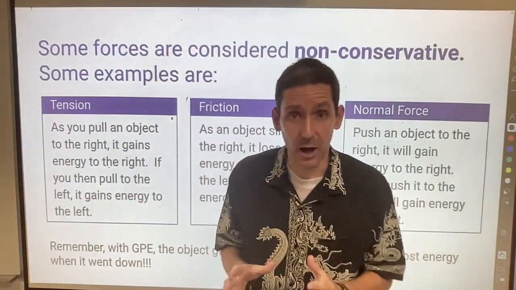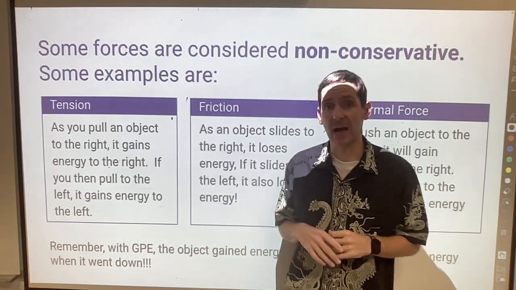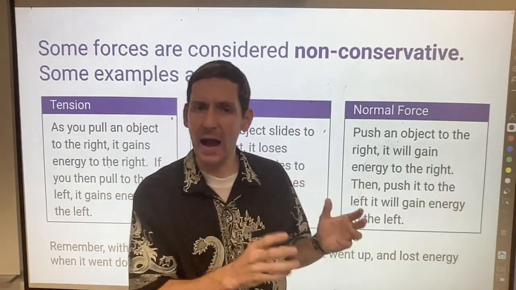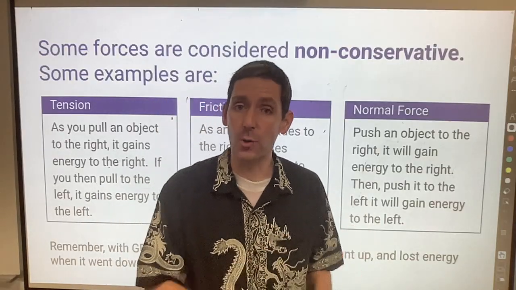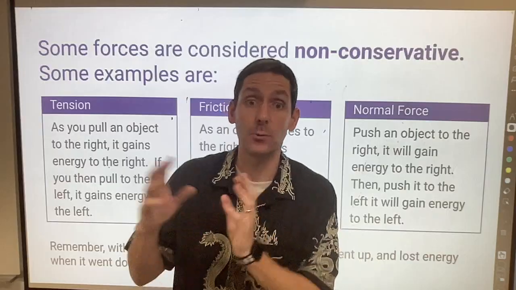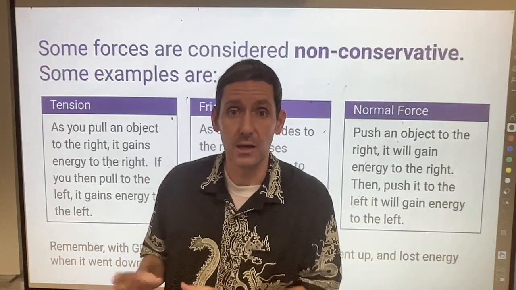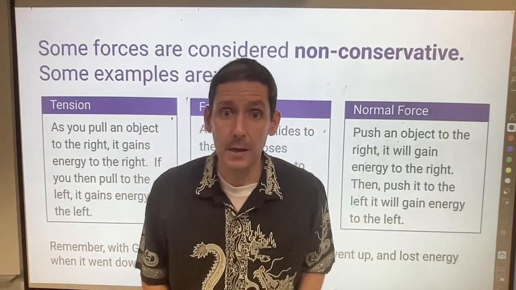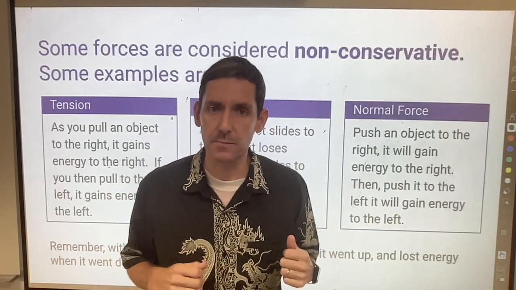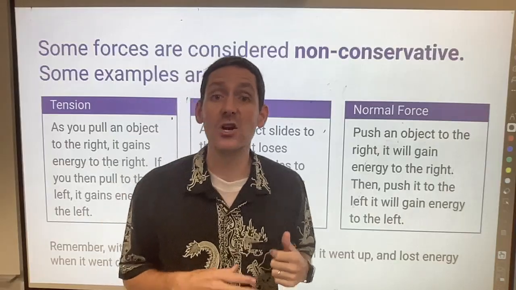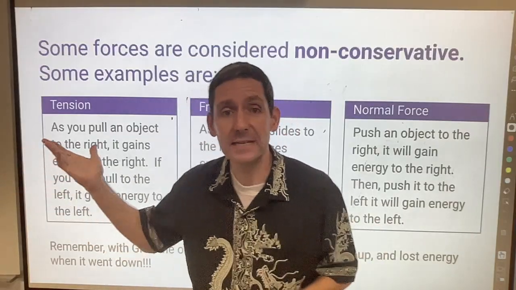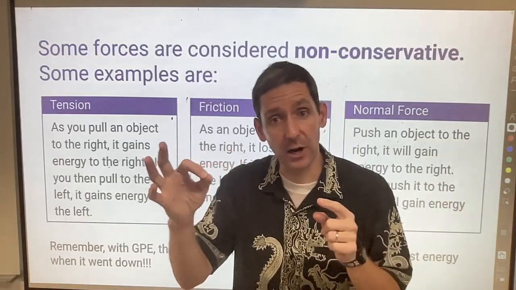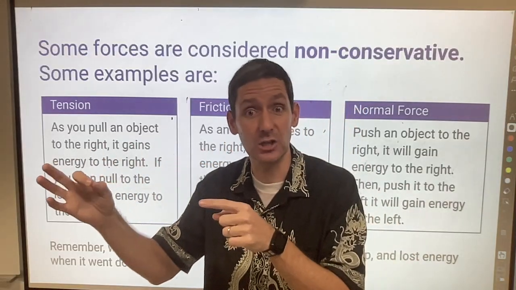Now, talking about friction, this brings us into the idea of non-conservative forces, right? I talked about gravity as being conservative because no matter what, if I end in the same place, I end with the same gravitational potential energy. If I go up and go down, I gain energy one way and lose energy the other. Let's talk about some of these other forces, right? A good example of a non-conservative force would be tension, right? If I take tension and I pull it in one direction, it's going to gain energy in that direction, right?